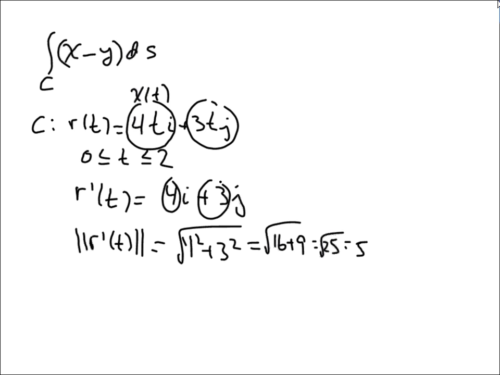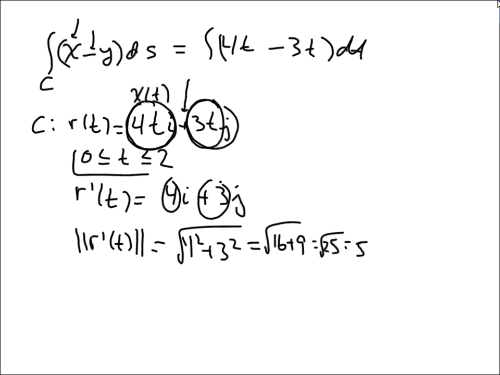So now, go to the top line. And x is 4t, minus y, which is positive 3t, dt. And t goes from 0 to 2.